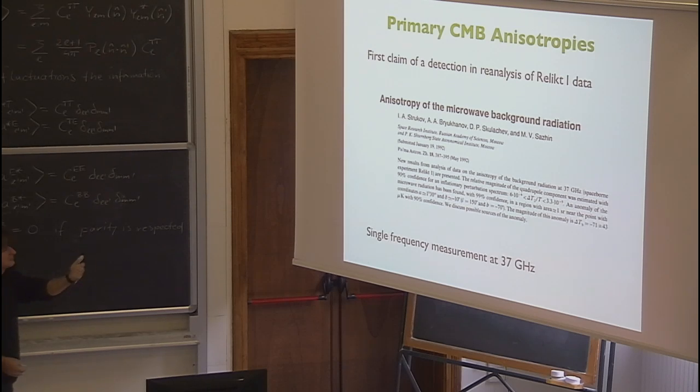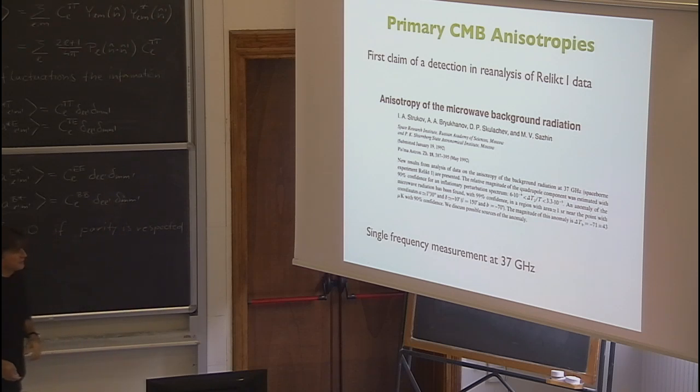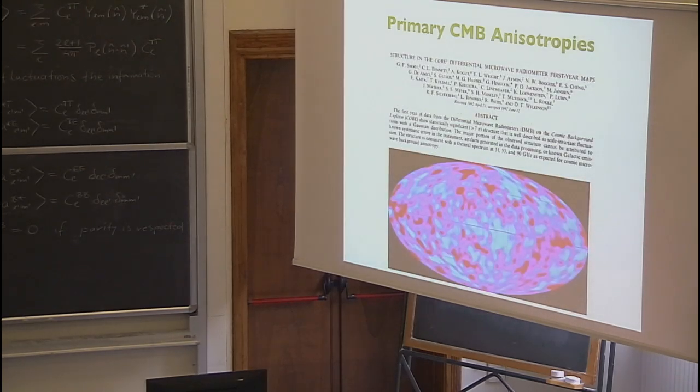Usually it's forgotten, presumably because it's at a single frequency, but also because even Relikt typically is kind of ignored when people talk about CMB satellites. But there was a claim in this reanalysis, and then the measurement that's usually credited with the detection of the anisotropies in the cosmic microwave background is COBE, and in particular the DMR instrument.